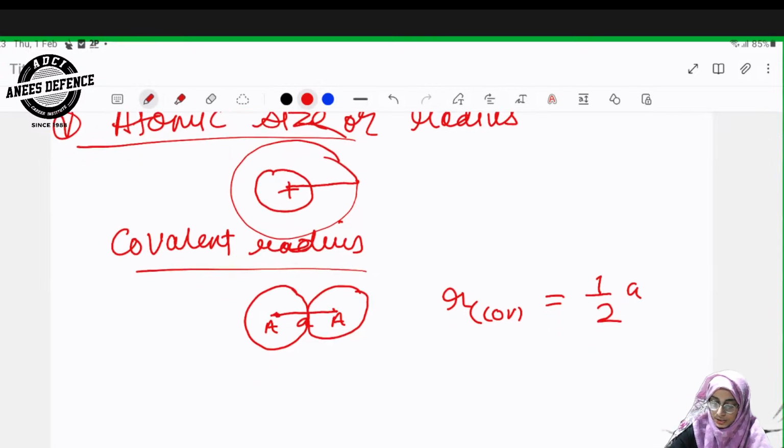Understood? This distance between the nuclei is what gives the covalent radius.